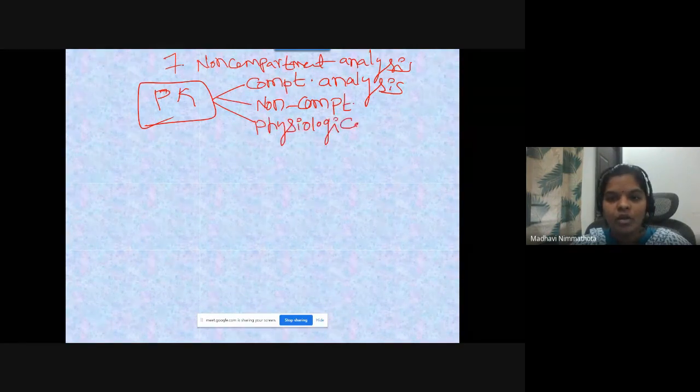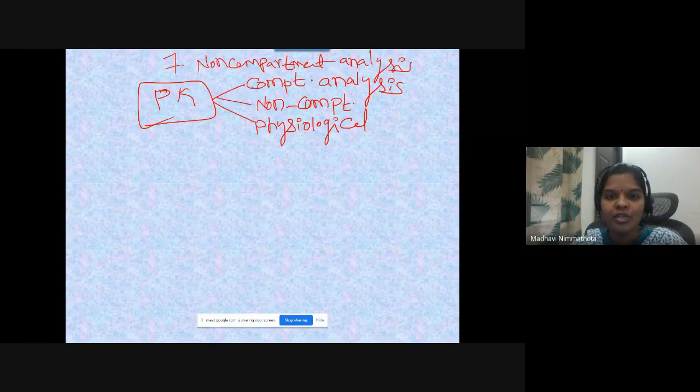So you want to analyze the pharmacokinetic data for a drug through three different ways. Okay, so this introduction might have happened in the second unit, that is introduction to pharmacokinetics. Do you remember that we have three different methods to analyze the pharmacokinetic data of a drug?